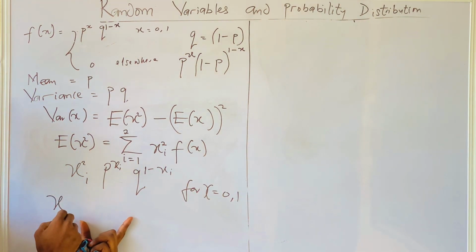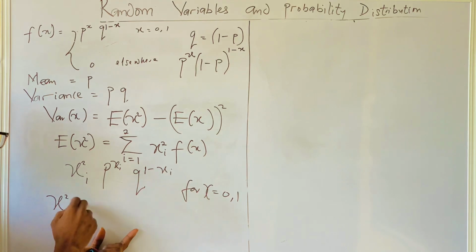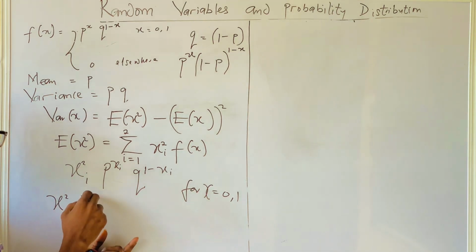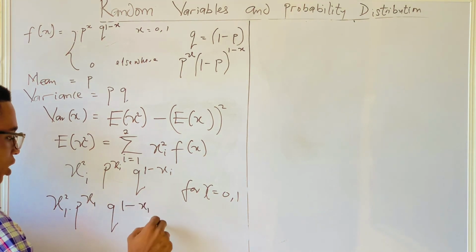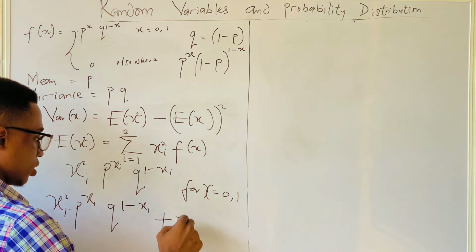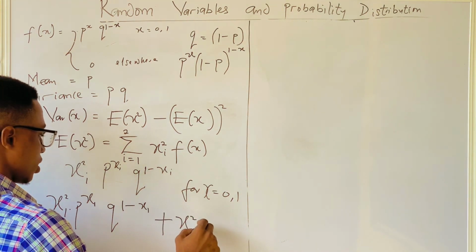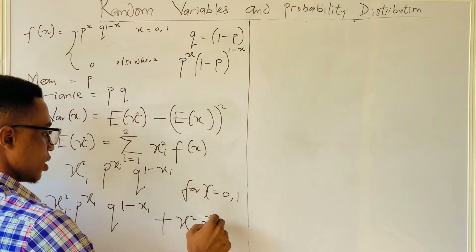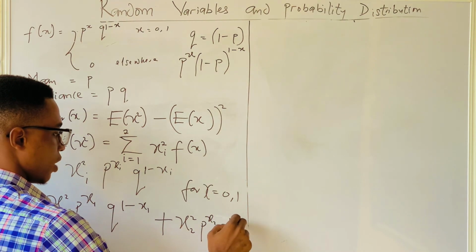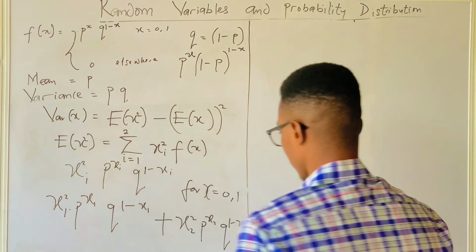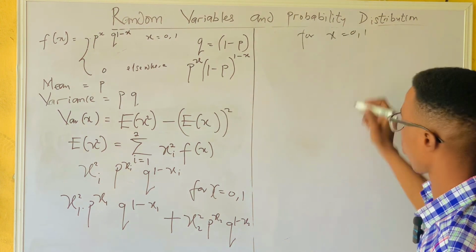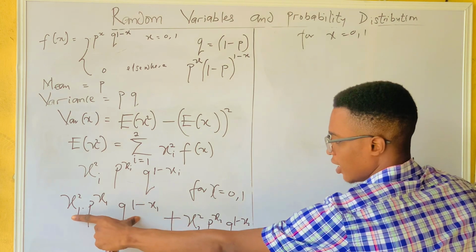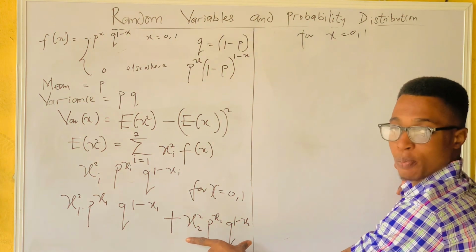So we have x1 squared p^x1 q^(1 minus x1) plus x2 squared p raised to power x2 q^(1 minus x2), for all x equals 0, 1, meaning that anywhere we see x in here we put 0, anywhere we see x here we put 1.